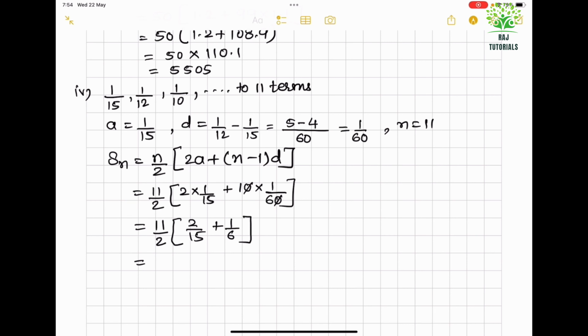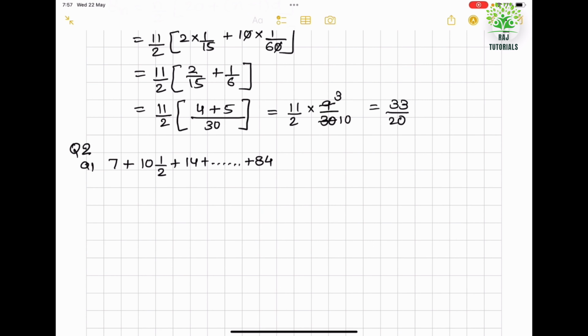So 15 and 6 means LCM will be 30. So 30, 15 2s are 30, 2 2s are 4, 6 5s are 30, so 5. So this came as 11 upon 2 into 9 by 30. So we get 11 upon 2 into 9 by 30. 3 3s are 9, 3 10s are 30. So it became 33 by 20.